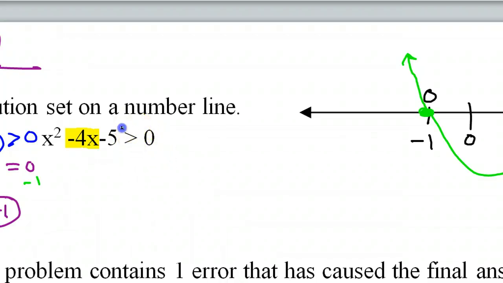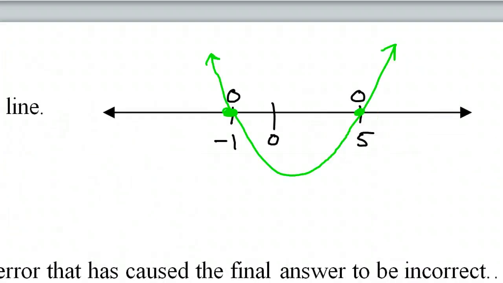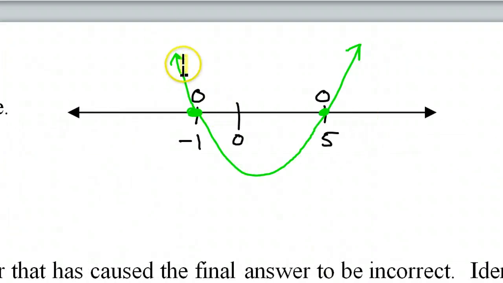This is saying, where is the parabola greater than 0? When you see greater than, you should be thinking above. So where's the function greater than 0? Well, graphically, that's where the function is above 0, meaning above the x-axis. So these are the zones where the parabola is above the x-axis, thus greater than 0.